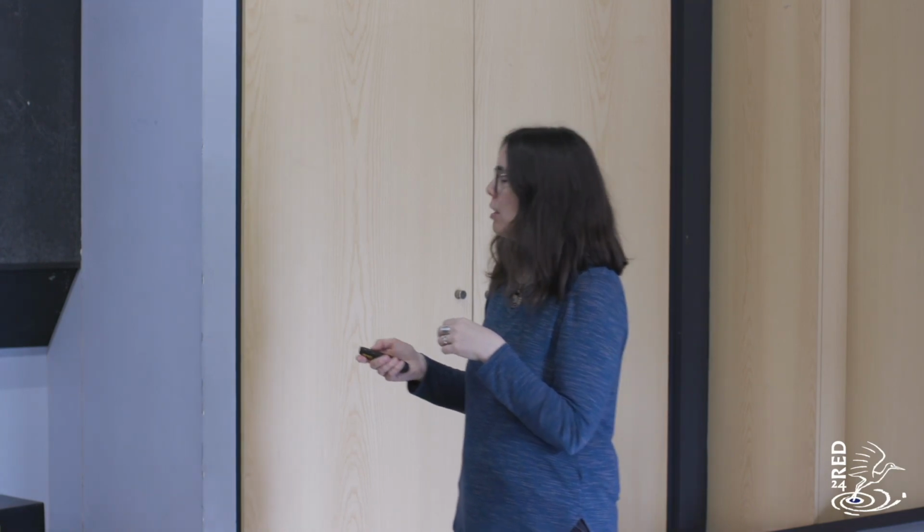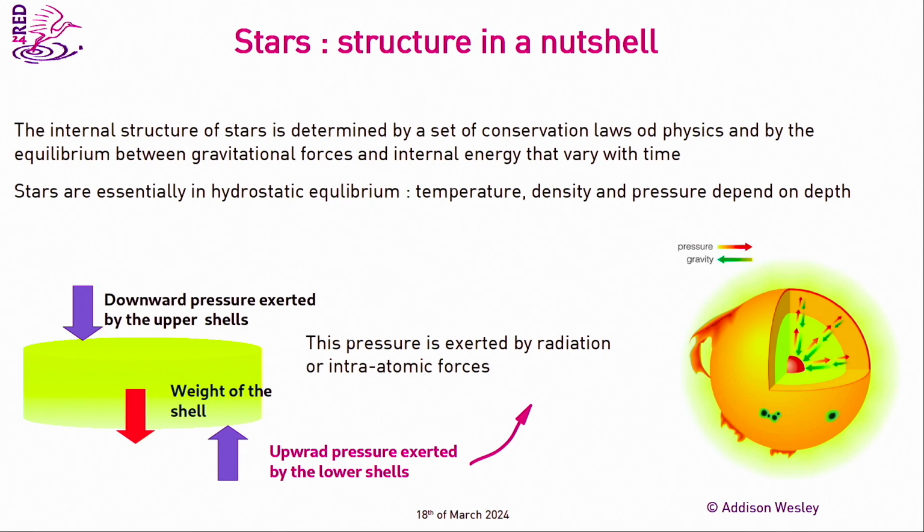Stars in a nutshell, part 2: their structure. So a star is a ball of plasma. It's not a great ball of fire. It's just plasma, and it's not burning, even though you will hear me talk about burning. It's just that there's fusion somewhere. So the internal structure is determined by a set of conservation laws of physics.